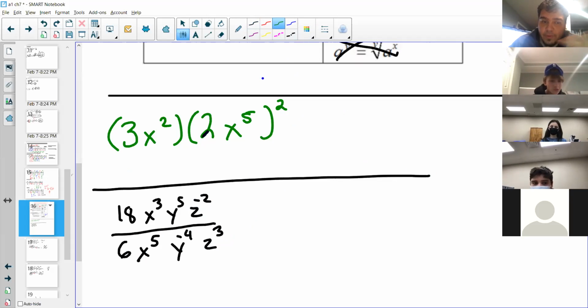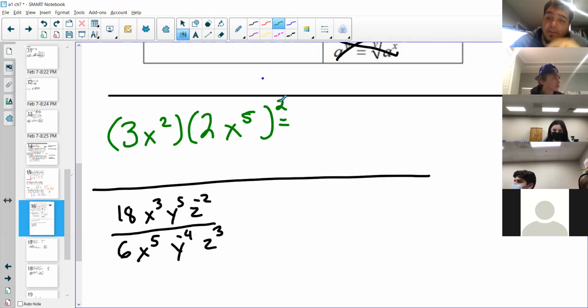So the first problem, in green, 3x to the second times 2x to the fifth, that's being raised to the 2nd power. So the first thing you're going to do in PEMDAS, if you remember PEMDAS, the first thing you do is exponents. So what we're going to do is distribute the exponent to here and here.